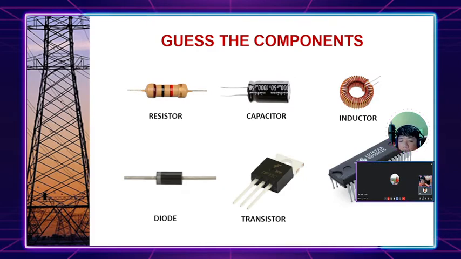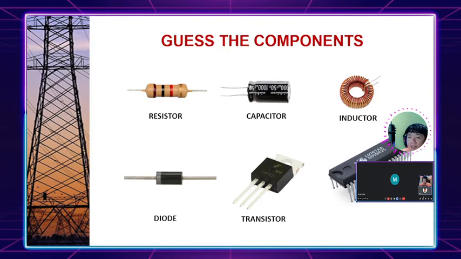Next component, the one with many pins or terminals, what do we call this? It is the most popular component in electronics. Are you familiar with this one? Any guess? Integrated circuits, yes. Integrated circuit, or what we call ICs. It is integrated because it is compact. An integrated circuit can be composed of resistors, capacitors, inductors, and diodes. That is why it is called an integrated circuit, because it can be many different components.